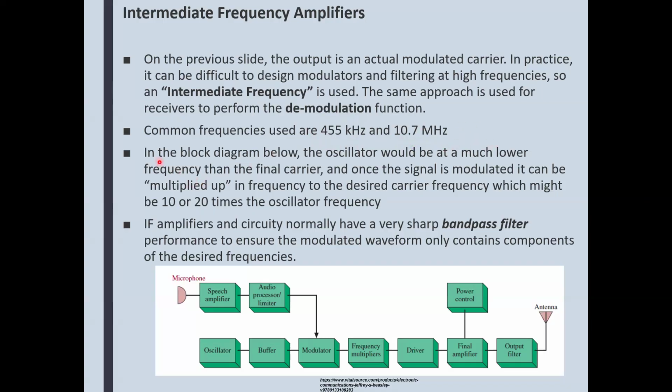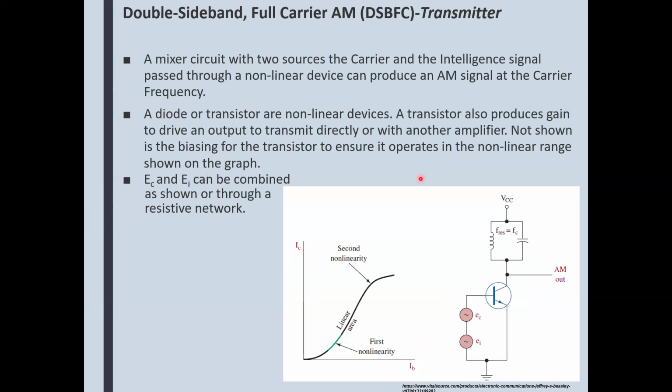Commercial. In the block diagram below, the oscillator would be a much lower frequency than the final carrier, and once the signal is modulated, it can be multiplied up in frequency. That's what I explained to you with the tank circuitry. So oscillators can be lower frequency, and the harmonics can be picked up by the tank circuit, as long as it has the harmonics.